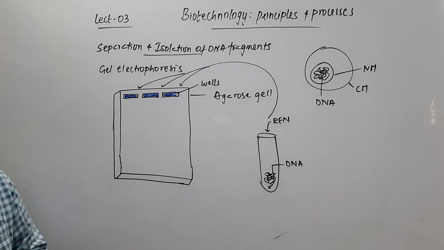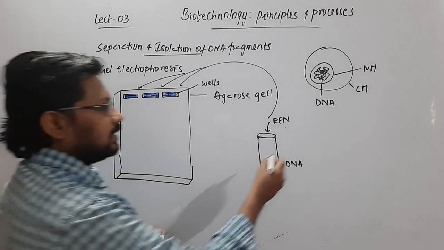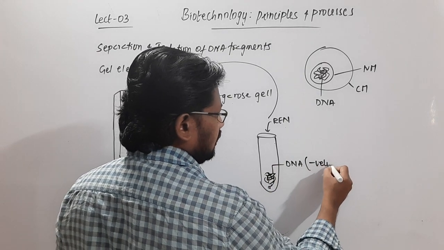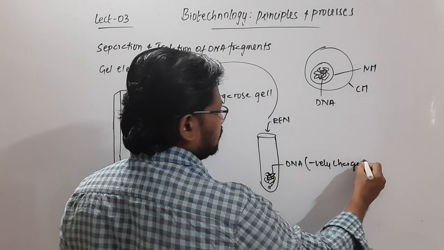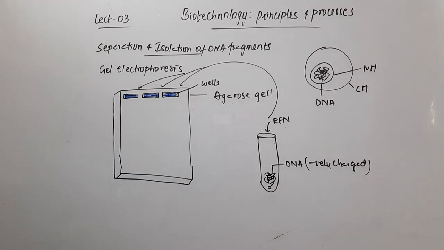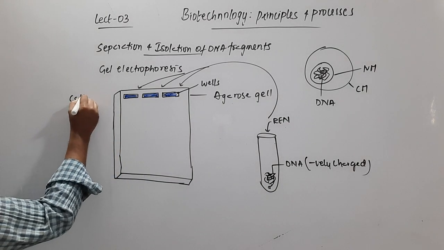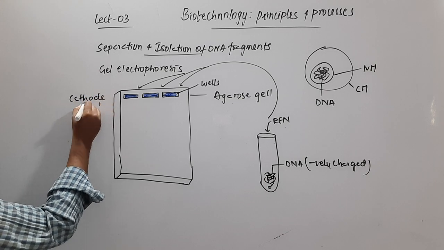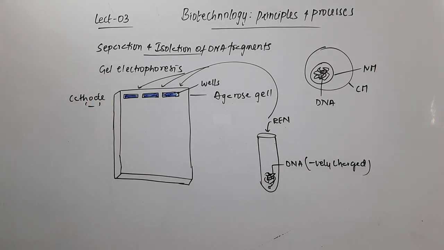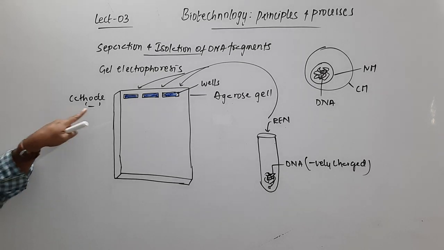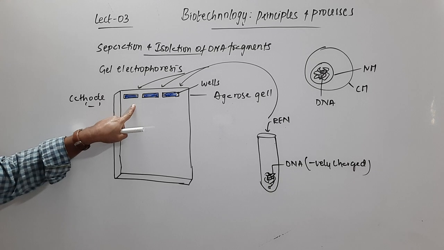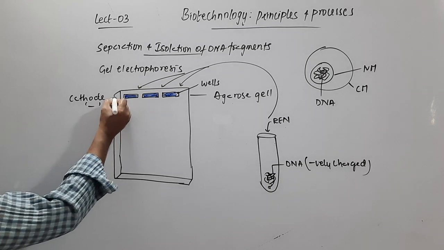Now we know that DNA is negatively charged. So this fragmented DNA will be loaded at the cathode side, because that side will be the negatively charged side here.